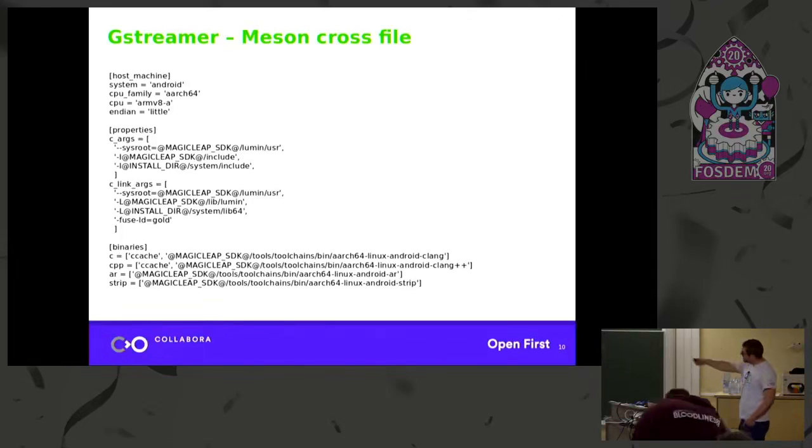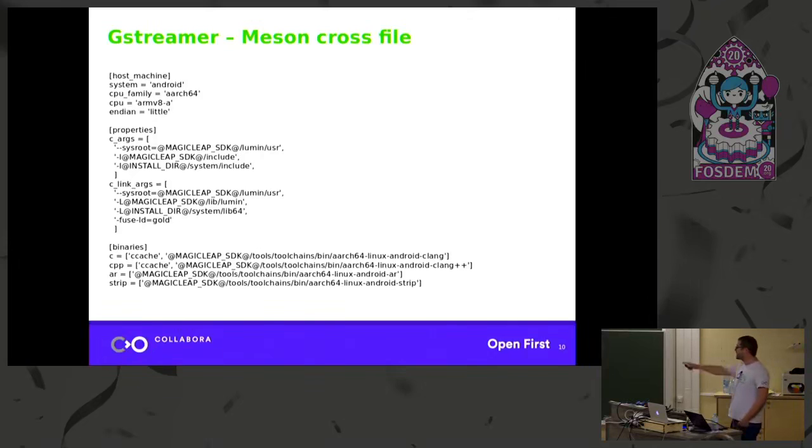You define that it's ARM64 architecture. And like you see here, a little trick I did: I don't write the full path to all those binaries. I've got a variable there, Magic Leap SDK.